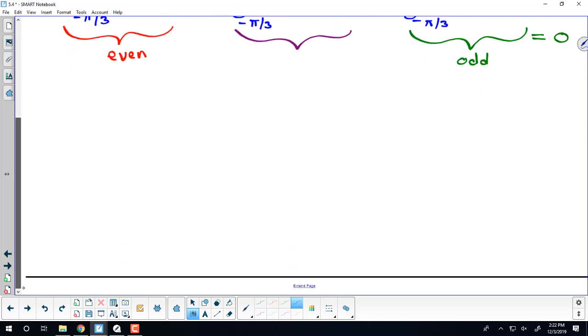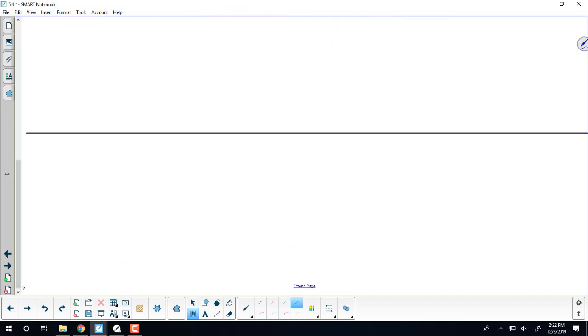Let's make some room here and say this is our function. The 4 doesn't matter, we can take it out of the integral. And then we'll look at what is f of negative x.